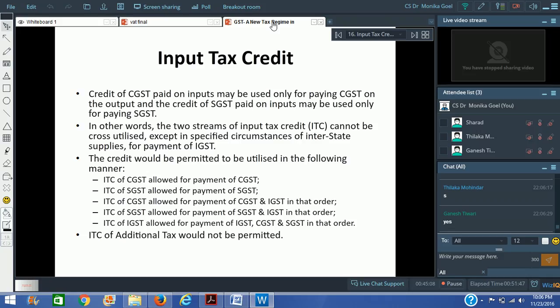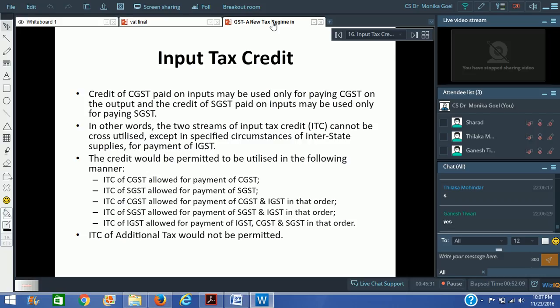In other words, the two streams of input tax credit cannot be cross-utilized except in specified circumstances of interstate supplies for the purpose of payment of IGST, which I would be discussing with you. This is getting clear? So you cannot set off SGST with CGST and CGST with SGST credit. Okay?